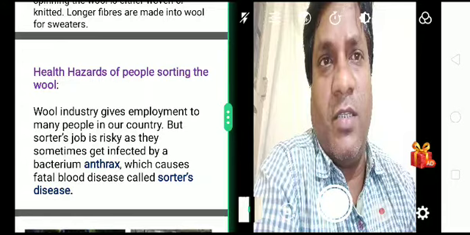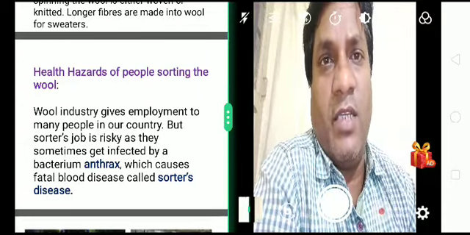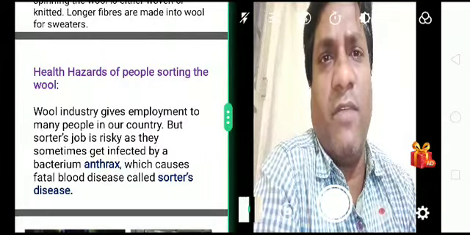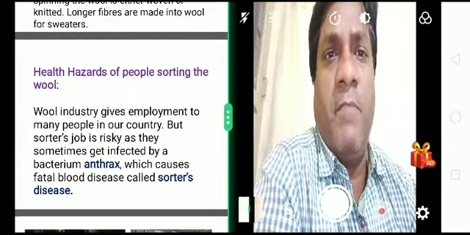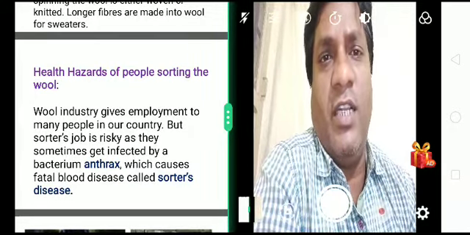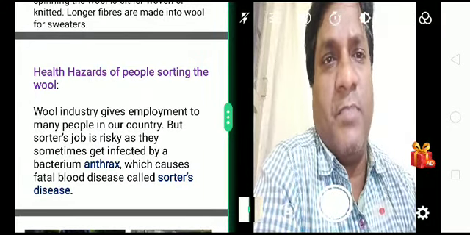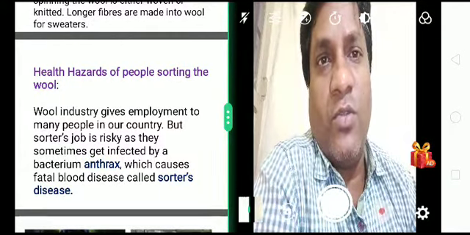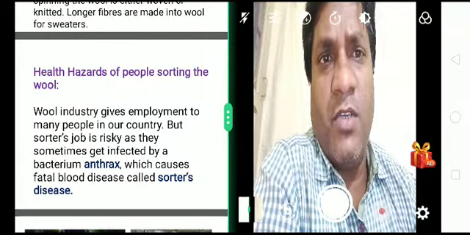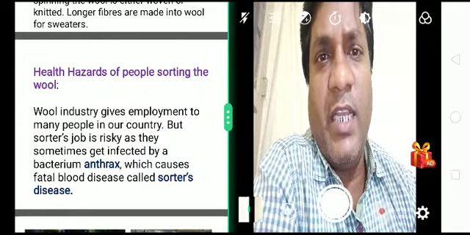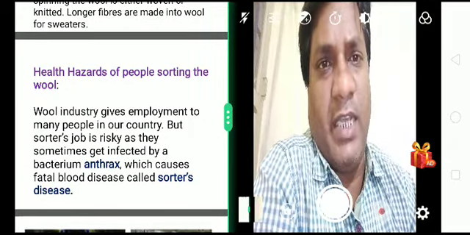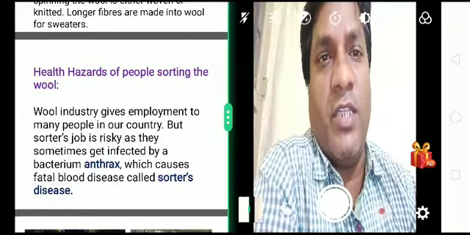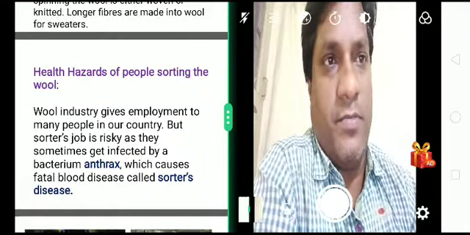There is human involvement, so the people who are involved in sorting of wool are sometimes infected by a very dangerous, deadly bacteria called anthrax. When the people involved in the sorting process are infected by this anthrax bacteria, it causes a fatal blood disease called sorter's disease.